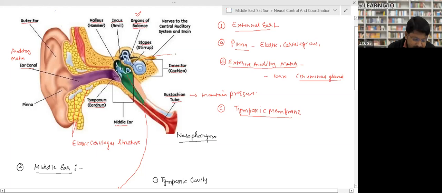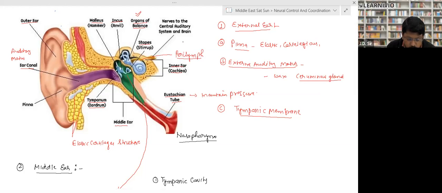contain the perilymph. Full stop. The latter corresponds to cerebral fluid.